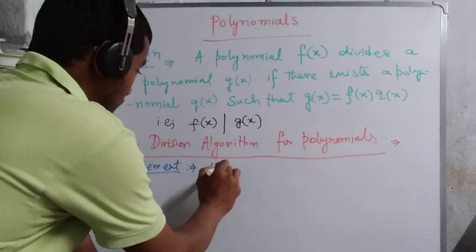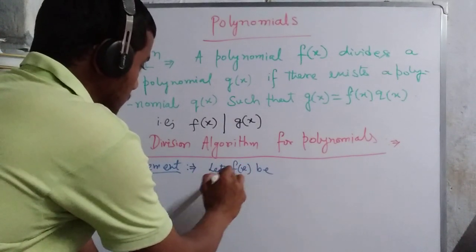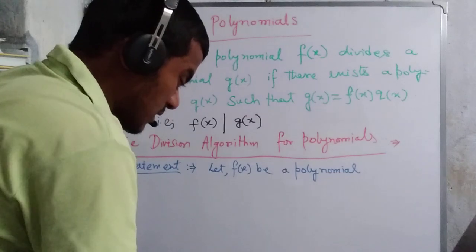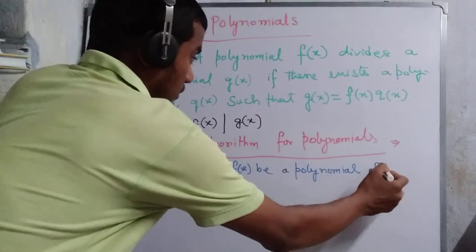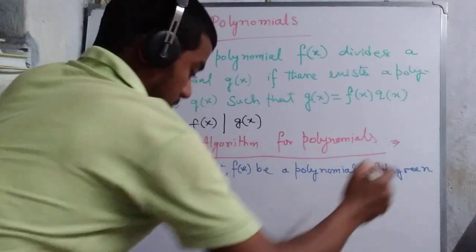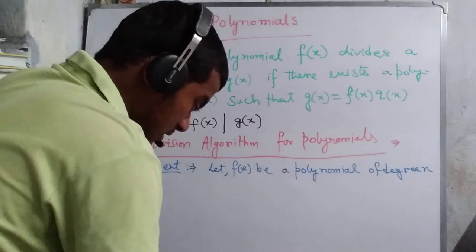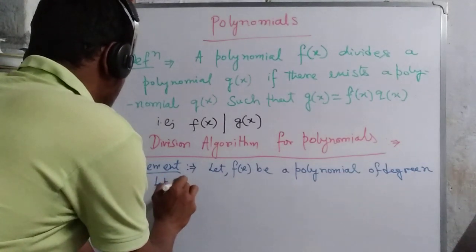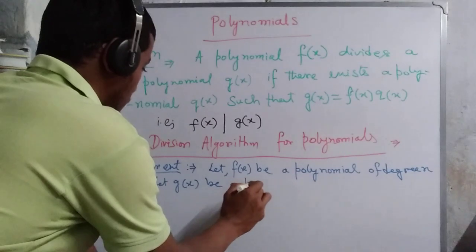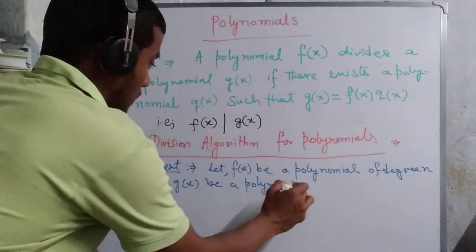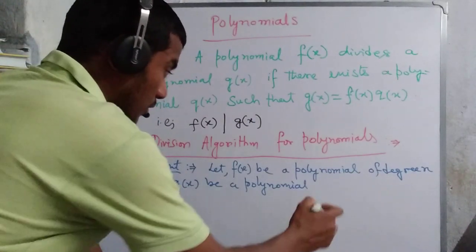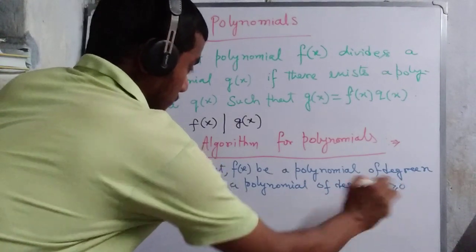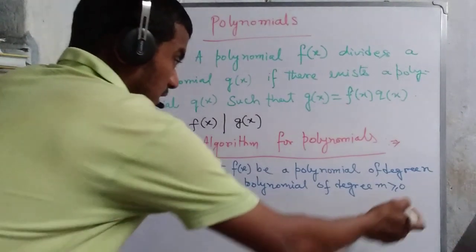Let f(x) be a polynomial of degree n, and let g(x) be a polynomial of degree m greater than or equal to 0.